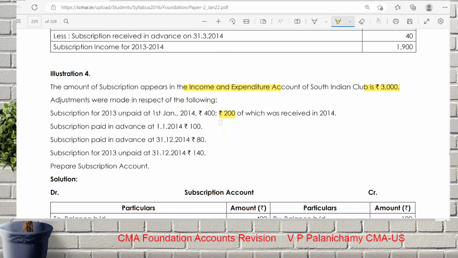Out of this 400, how much was received? Only 200 was received, which means the remaining would have been outstanding. Think.